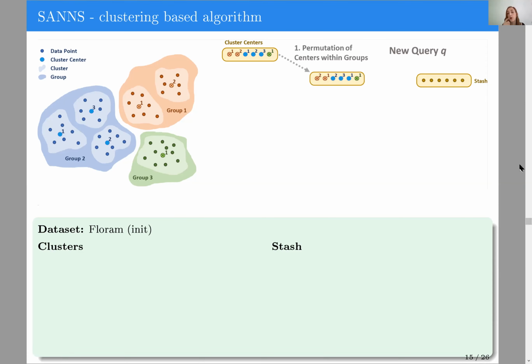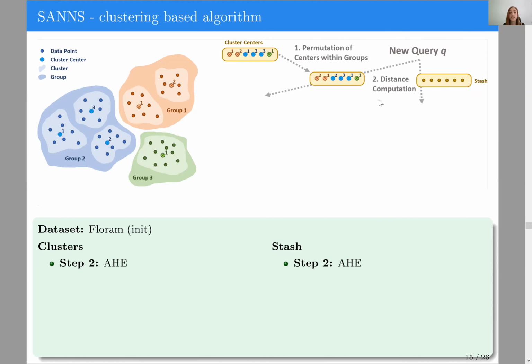There is also going to be a permutation of the centers in the group. The first thing that we do is to compute distances between the query and the centers of the clusters on one side, and the query and all the elements in the stash on the other side. This step is going to be done by using additive homomorphic encryption.